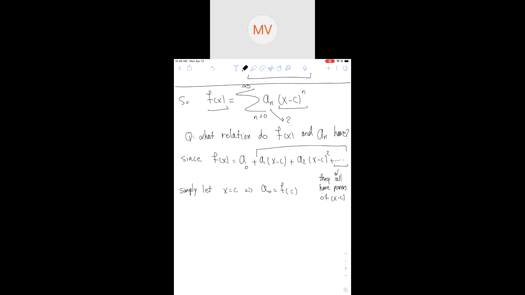All right. Let's take the derivative of this. We said f of x is differentiable of any order. If you take the derivative, so derive once, we get f prime of x. Derivative of a sub 0 is 0 because it's a constant. Derivative of that is 1, so you get a sub 1.